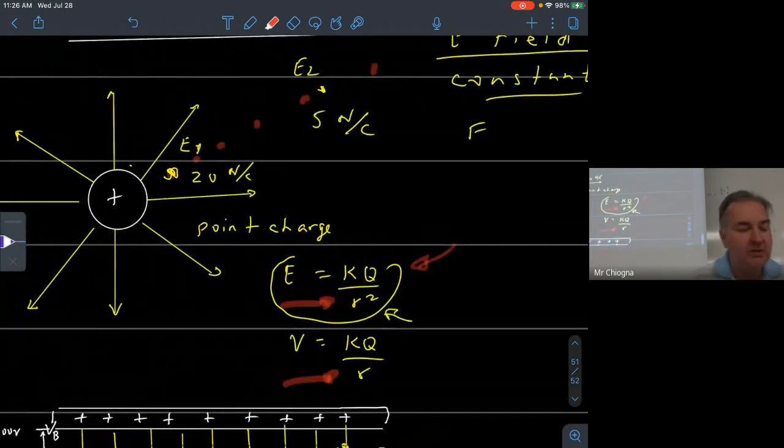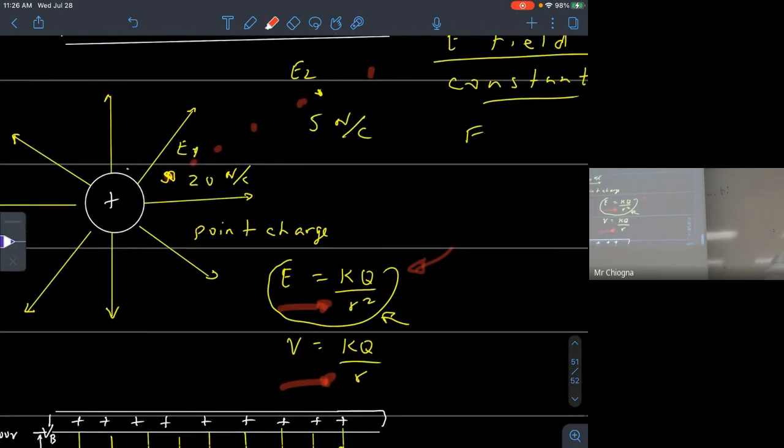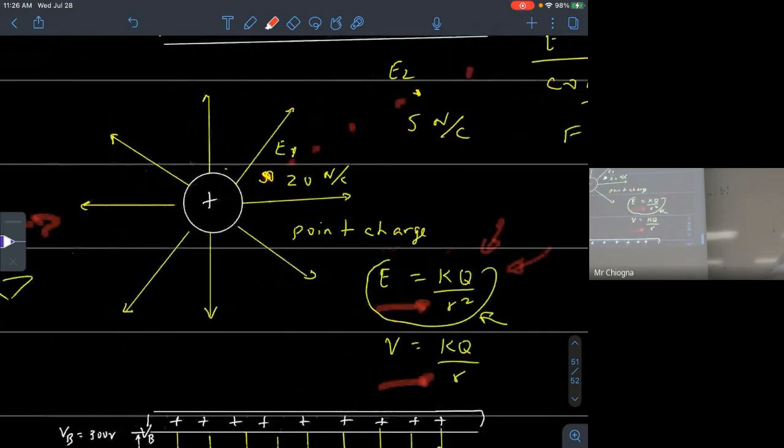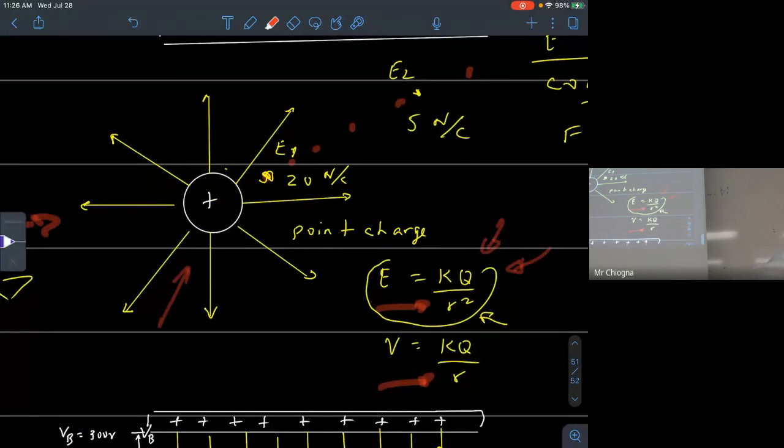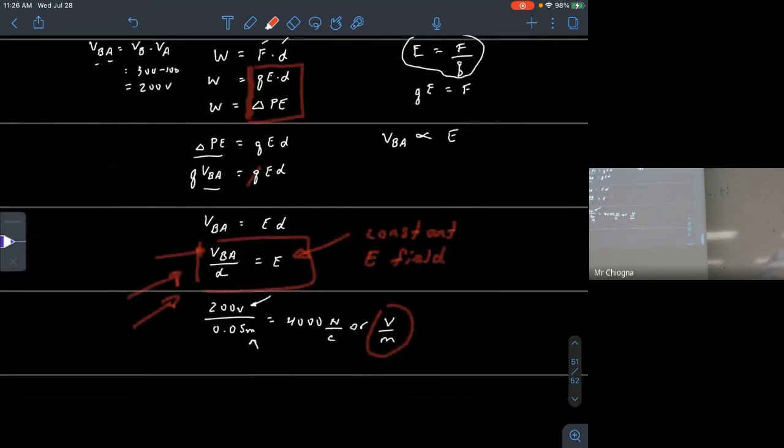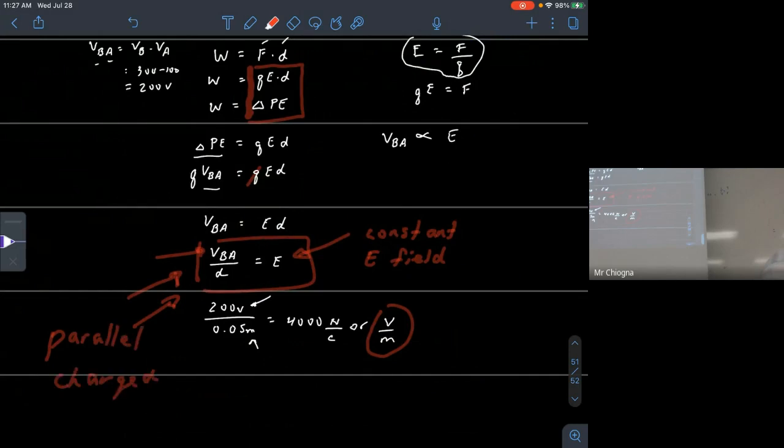Two different equations. When do you use this one? When you have rays diverging out from the charge, in other words, when you have a point charge. This is the equation for a point charge, and this is the equation for parallel charged plates.